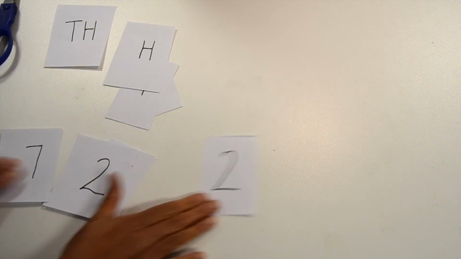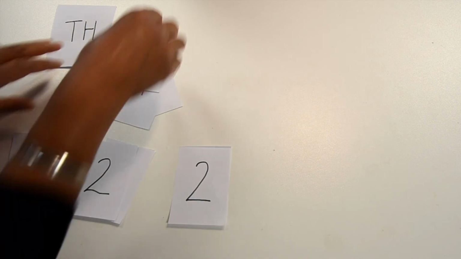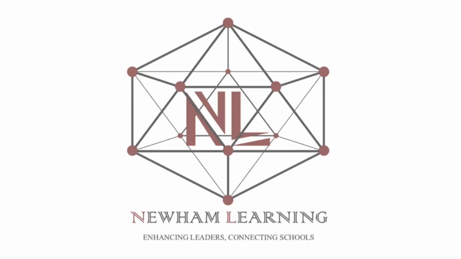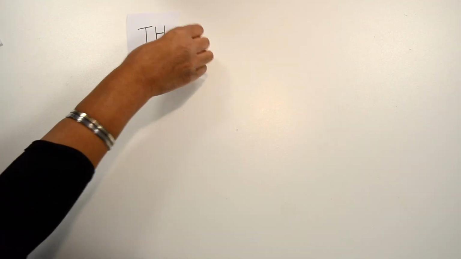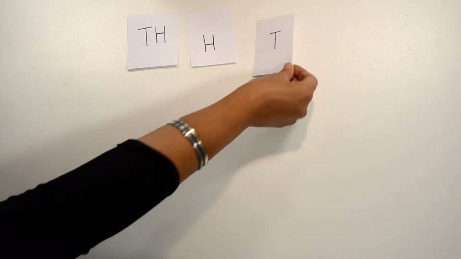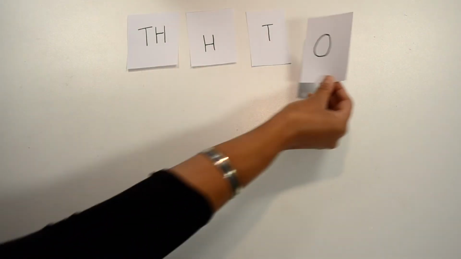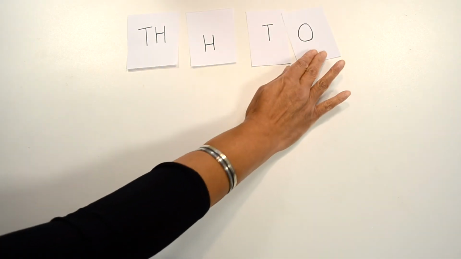Right, now let's get ready to build a number. So we have our thousands, our hundreds column, our tens column, and our ones column.